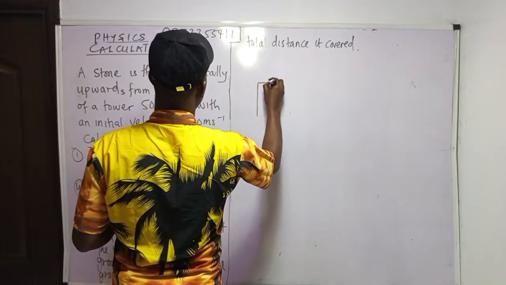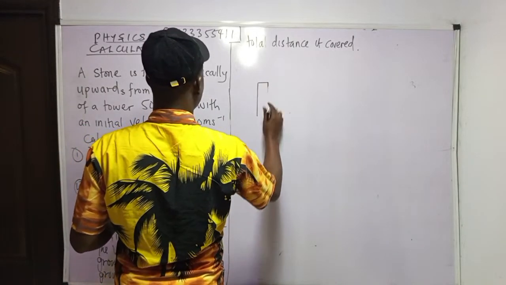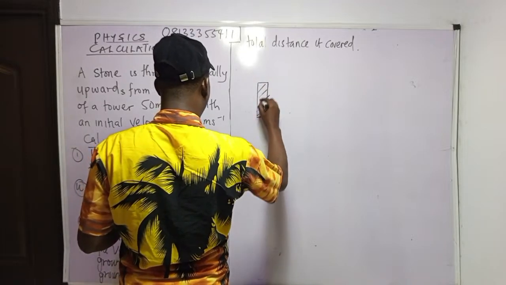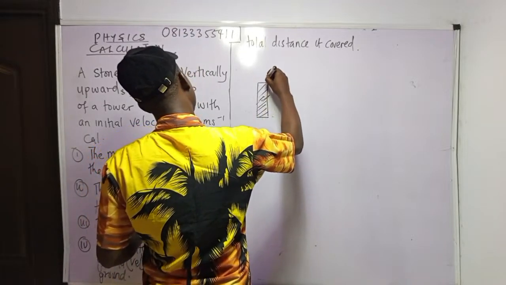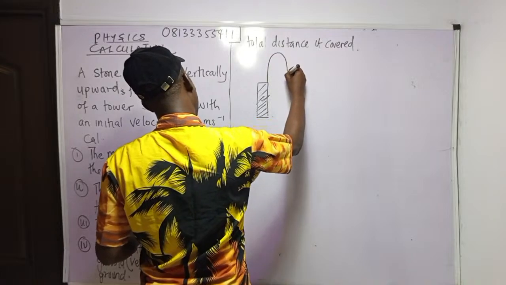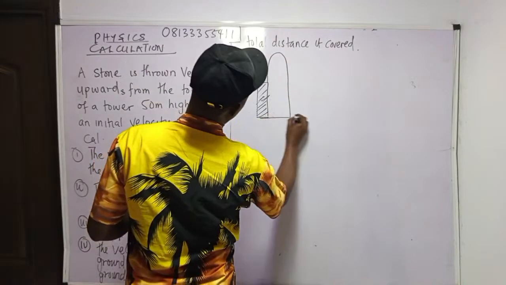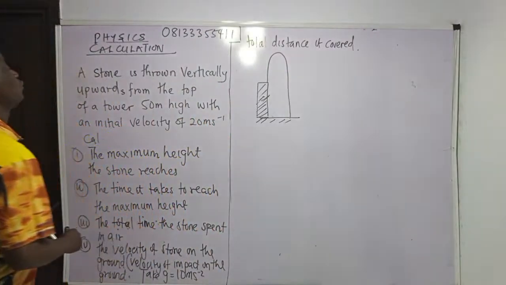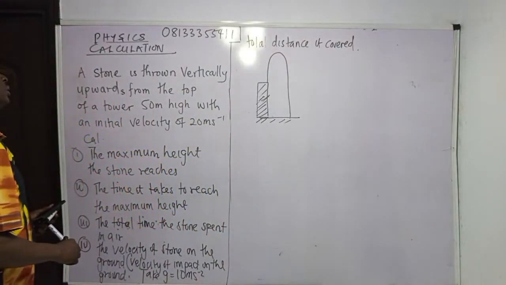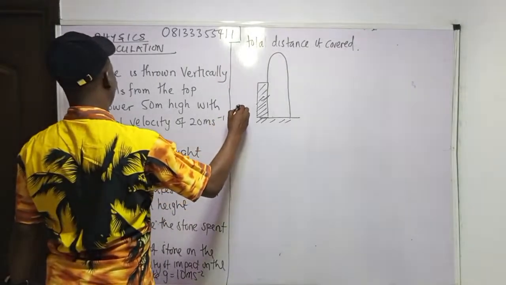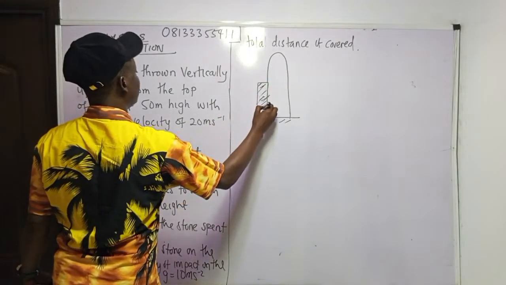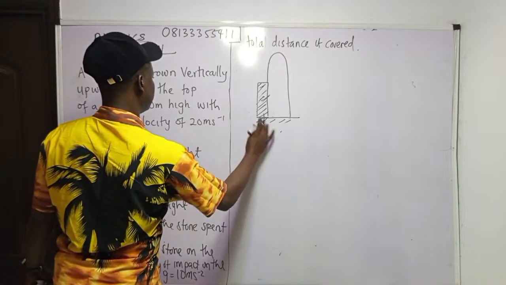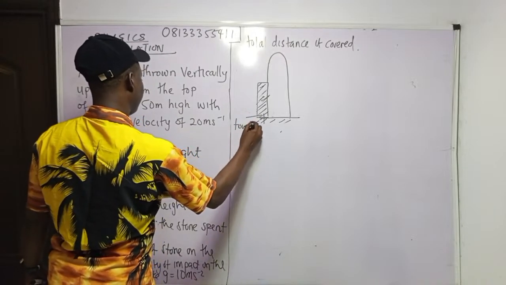That means we have a stone here, at the top of a building, projected at an angle upward from the tower. This is the tower.